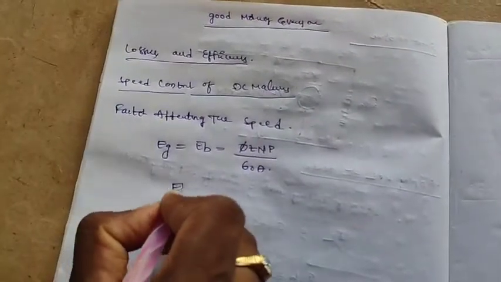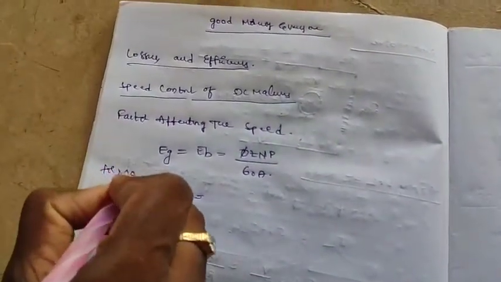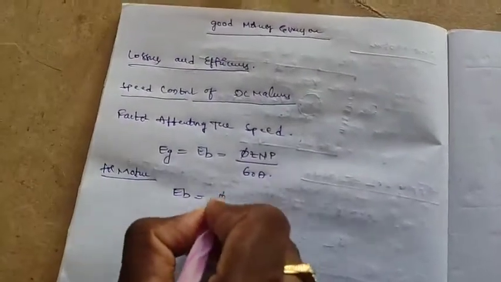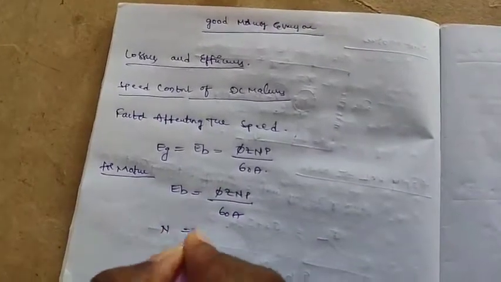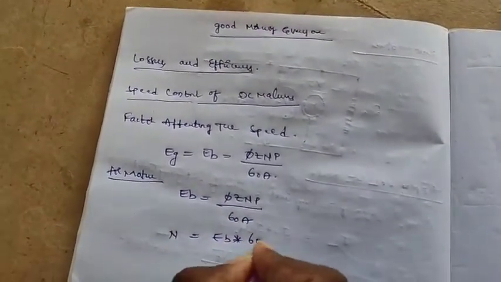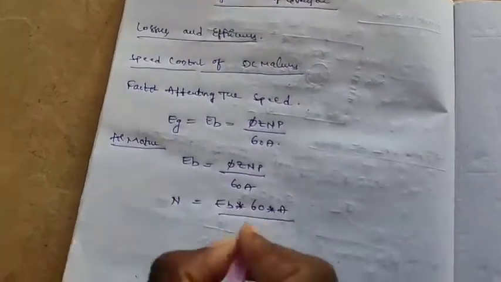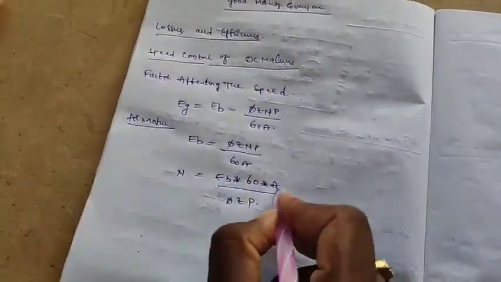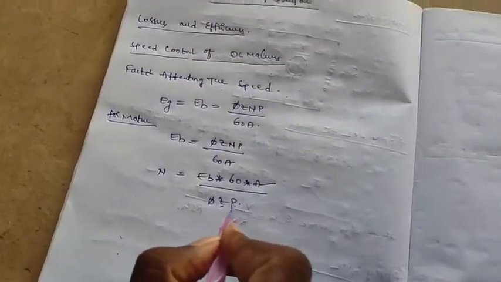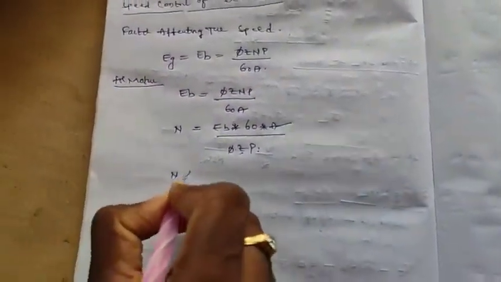So from that, for a motor, EB equal to phi Z N P by 60 A. The speed N equal to EB into 60 into A divided by phi Z P. Here EB is the back EMF, 60 is the constant, A equal to parallel paths, Z is the number of conductors, P equal to number of poles. So the speed is directly proportional to EB by phi.